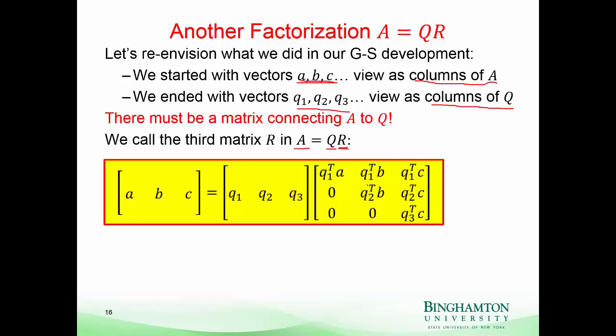And I show explicitly here what that R matrix is going to be. So here's our A matrix with the columns A, B, C, and this is just showing it for the 3-dimensional case, but we can do it for however many vectors we want. Here's our new vectors Q, sitting in the columns of the Q matrix, and then here's what R would look like.